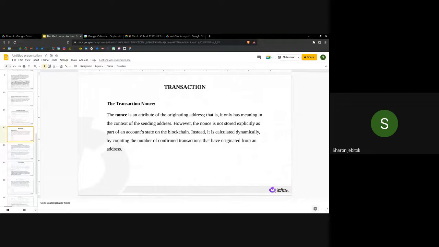So that number of transactions will not be recorded on this account state. They're saying that the nonce is calculated dynamically, based on the number of confirmed transactions that originated from this given address.